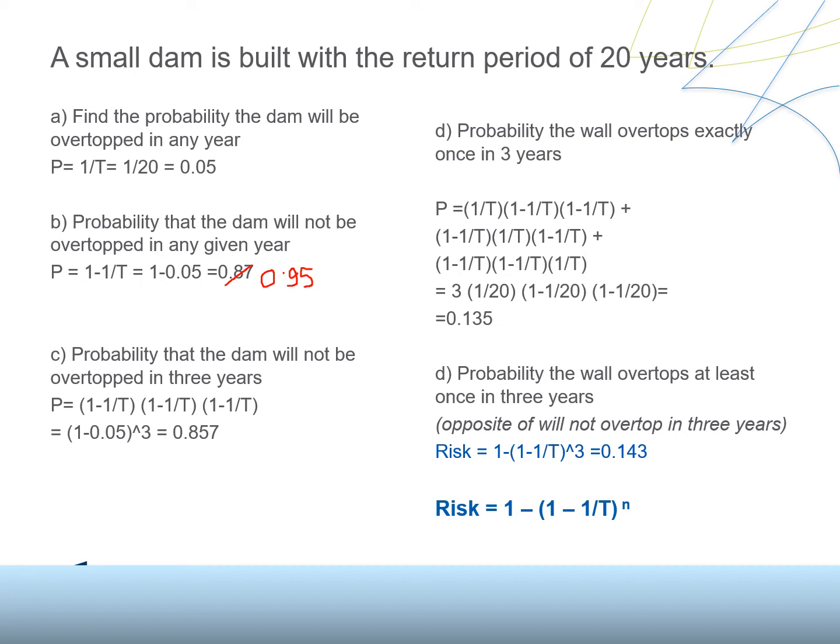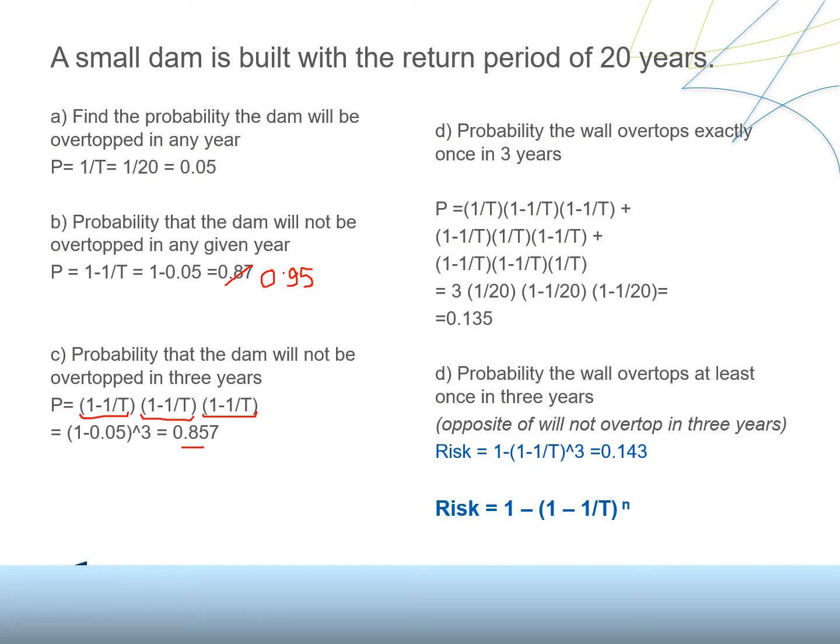Now the probability that dam will not be overtopped in next 3 years. Okay. Now probability of dam will not be overtopped in next 3 years means will not be overtopped next year is 1 minus 1 over T, and again in the second year 1 minus 1 over T, and again in the third year 1 minus 1 over T. So you multiply those three probabilities and the value you get is (1 minus 0.05) to the power 3, which is 0.857.